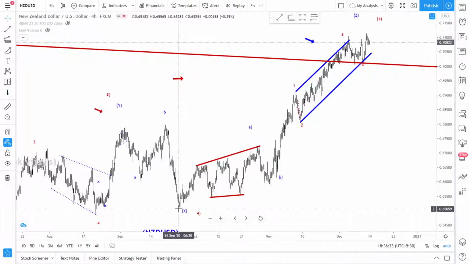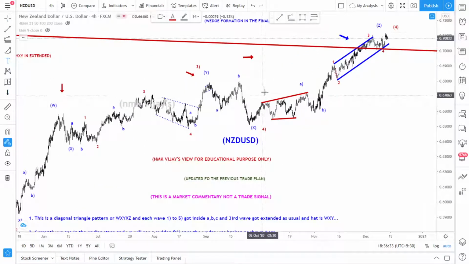How? This as ABC is a 1, ABC is a 2, ABC is a 3, W, X, ABC is a Y. So as we have already done in the previous one for the Australian dollar, like that we have to see that Y wave. Here that Y wave is in the diagonal triangle pattern.